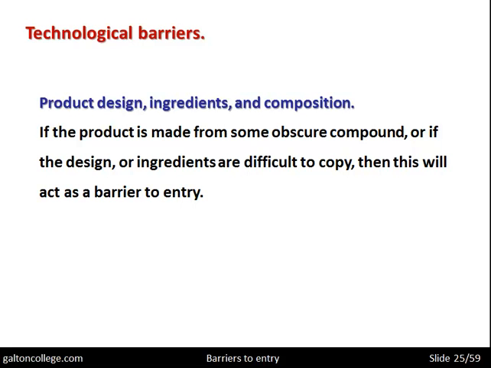But if the product is complicated, or it has some obscure chemical formulation, or it's difficult to get the ingredients, it's difficult to make this particular product, then that will be a barrier to entry, and the companies will find it difficult to enter that market.